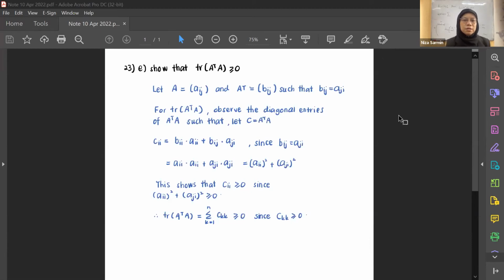So for each C_II, meaning this entry, C_II, when you mentioned about the A_II times A_II, that is only one of them, Shiham. There are quite a number of them. So you can stop sharing that.